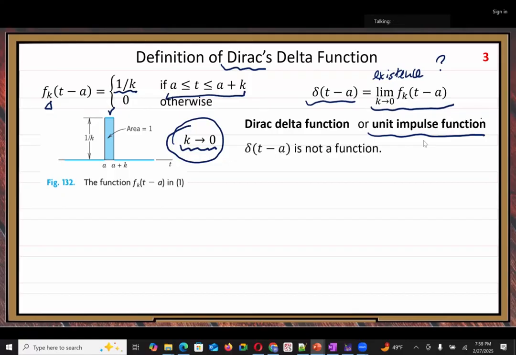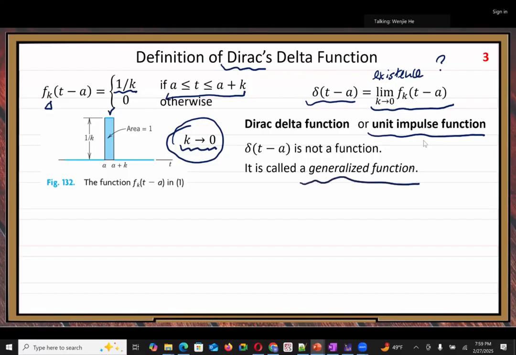So here is the conclusion. Let me finish in one minute. This delta notation is not a valid mathematical function. People call it a generalized function.